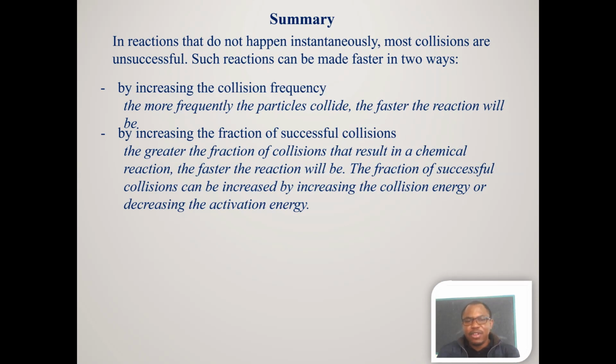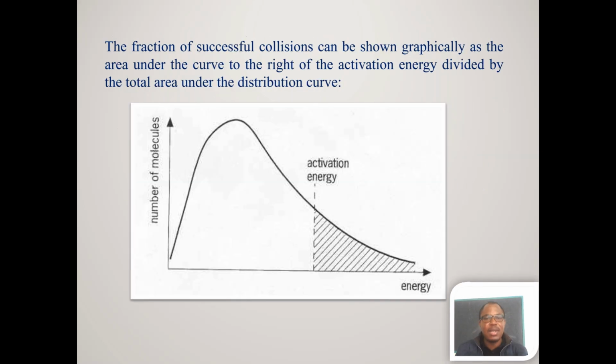The greater the fraction of collisions that result in chemical reaction, the faster the reaction will be. The fraction of successful collisions can be increased by increasing the collision energy or decreasing the activation energy. The fraction of successful collisions can be shown graphically as the area under the curve to the right of the activation energy divided by total area under the distribution curve.